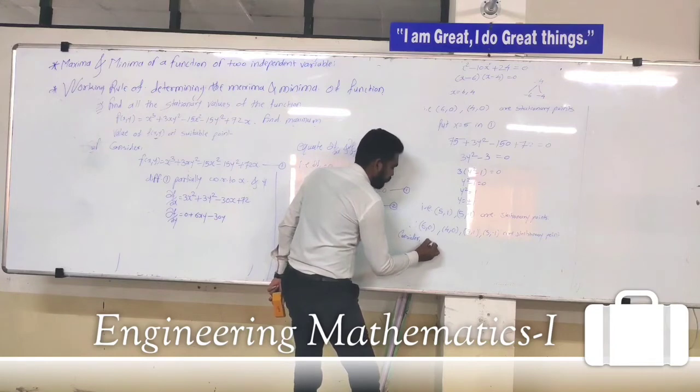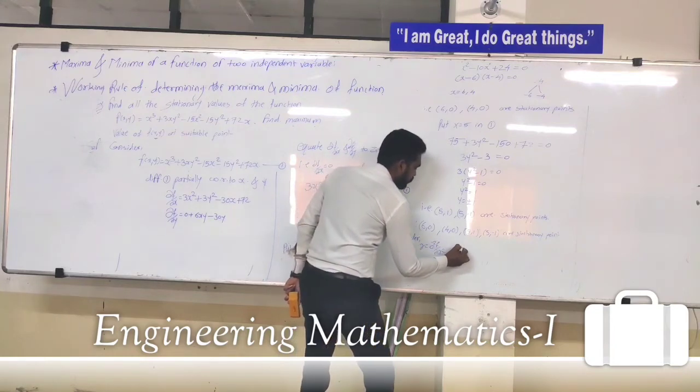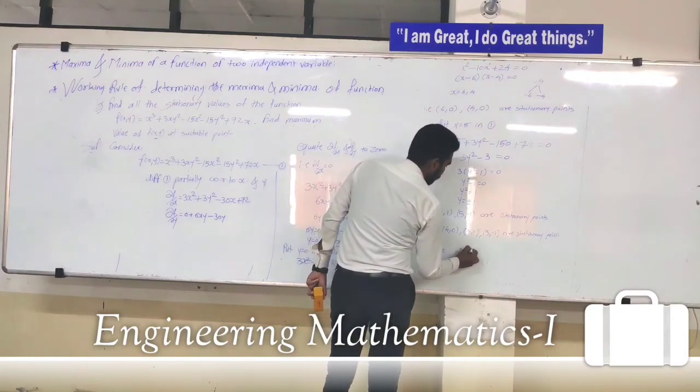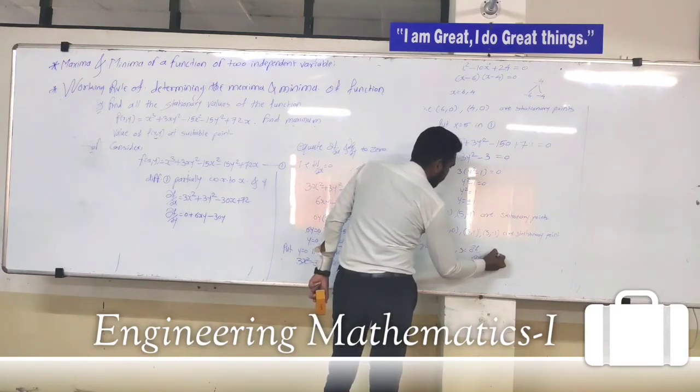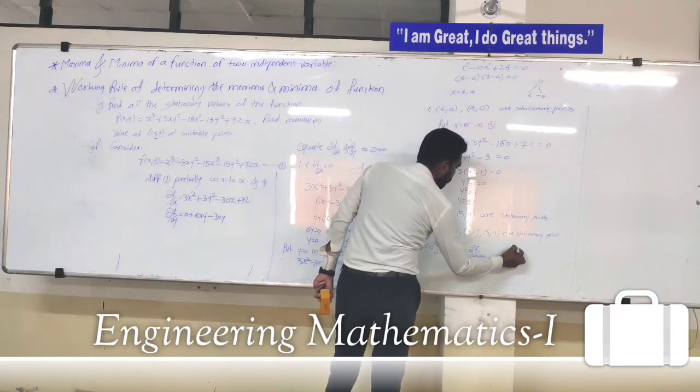r is equal to kappa square f by kappa x square, s is equal to kappa square f by kappa x kappa y, and t is equal to kappa square f by kappa y square.